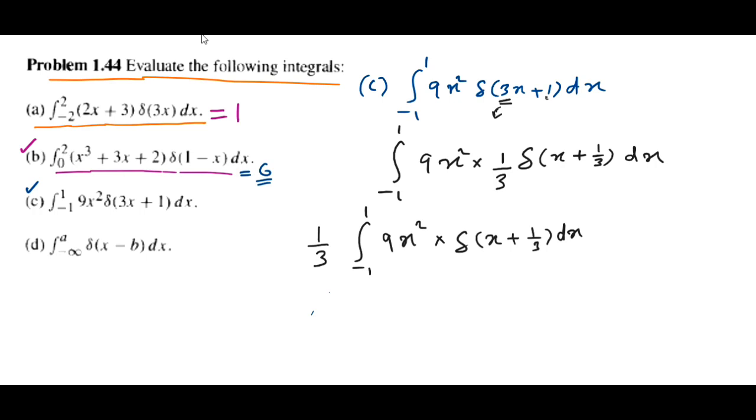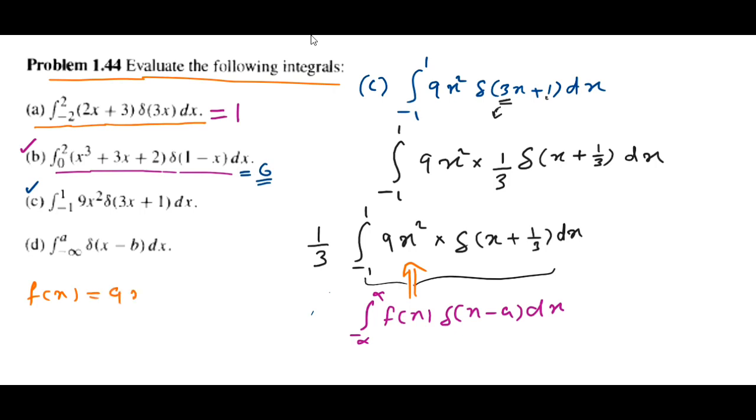Now for this part you can write the standard equation, that is, the integral from minus infinity to infinity of f of x delta of x minus a dx. On comparison, you will note that f of x is 9x square and the value of a is minus 1 by 3.